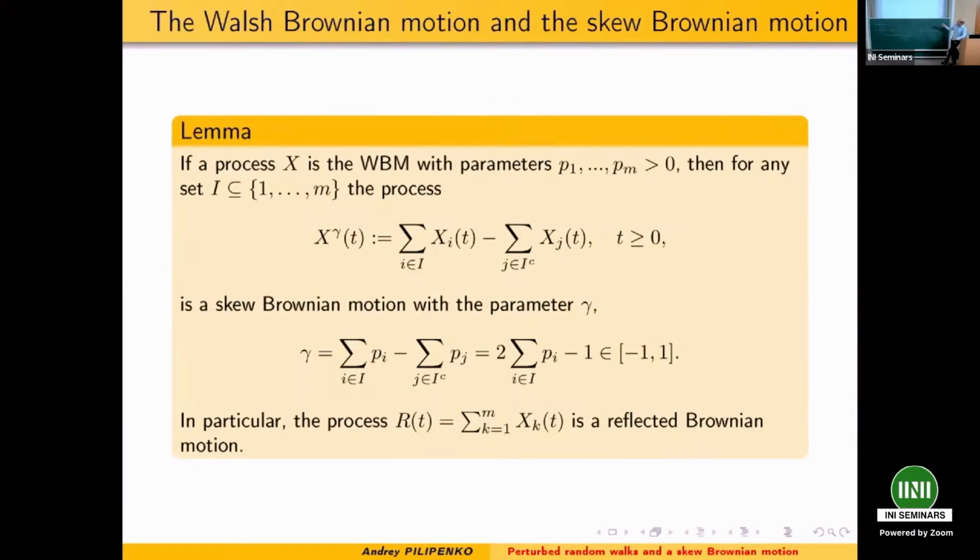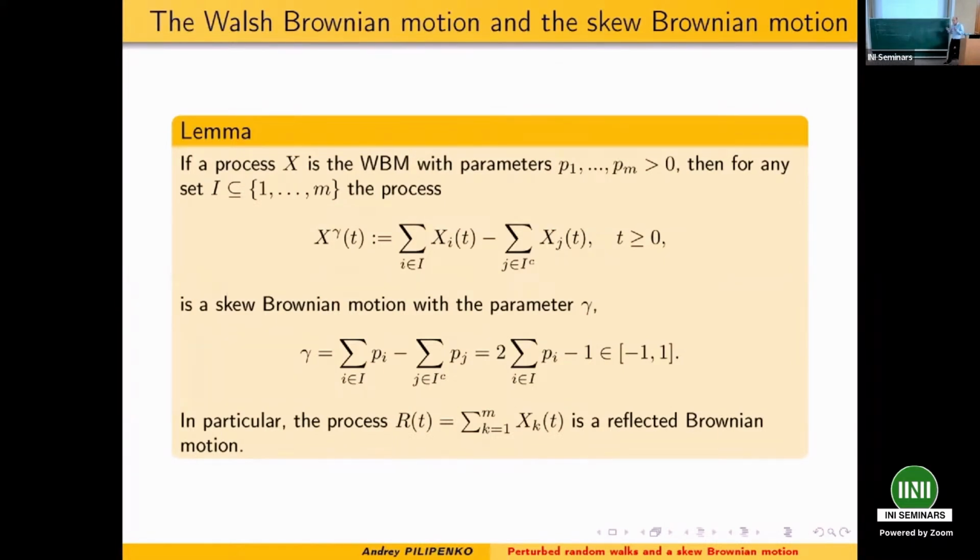Assume that you have some set of indices, and let's consider this process. So you sum some colors and say they're positive, and some other colors and say they're negative, multiplied by -1. And then you will see just a skew Brownian motion.